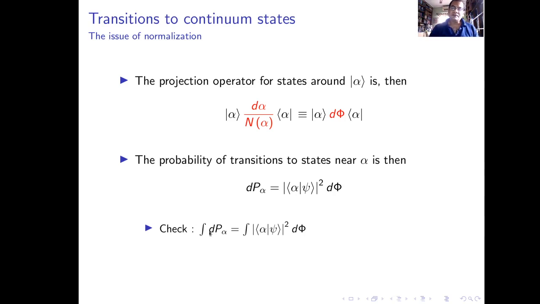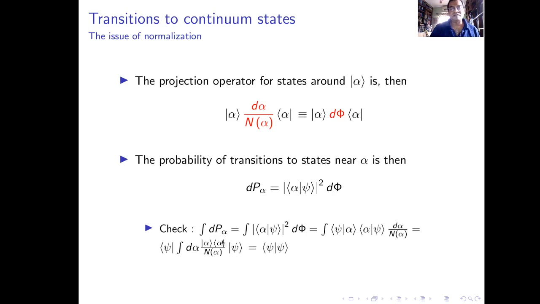If this is correct, then if you integrate this over all possible values of alpha, which means integrate over this d phi measure, you should get 1. Let's check whether you do get 1. Well, alpha psi mod square is of course this, and then you just use the fact that ket alpha bra alpha by n alpha integrated over d alpha is of course the same as this thing, and this thing in the middle here is nothing but a resolution of the identity.